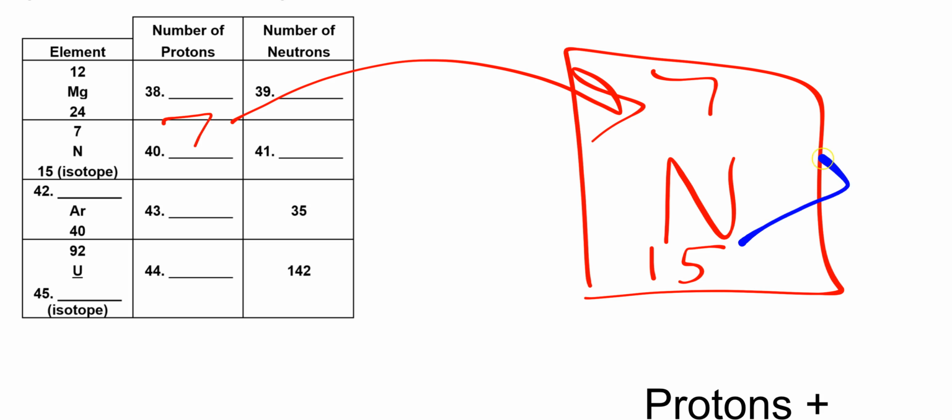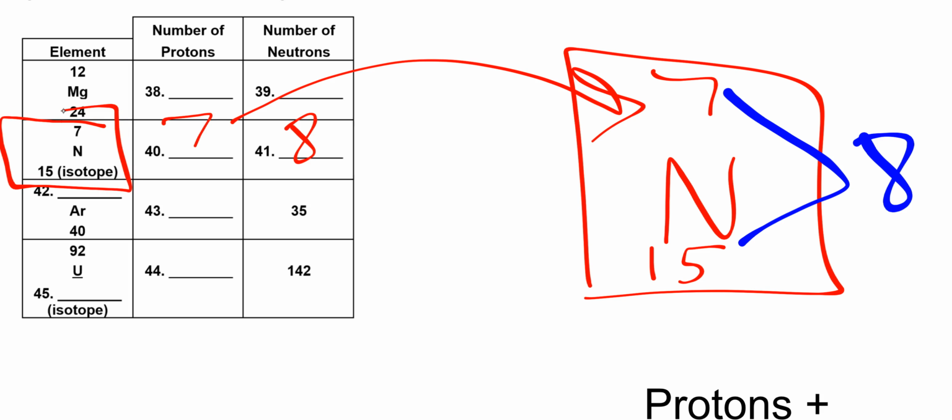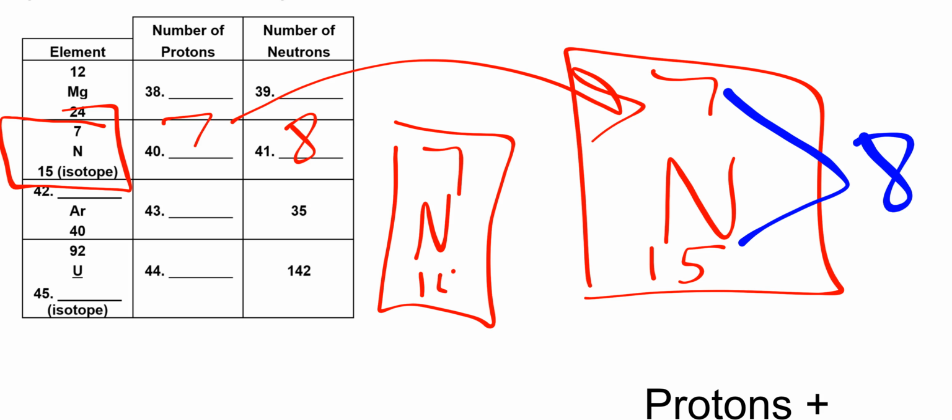So you take 15 and subtract 7, and that will give you 8. Now notice, this is not how it's listed on the periodic table. On the periodic table, nitrogen is 7 and 14. That indicates that nitrogen with a mass of 15 must be an isotope, as it was written there.